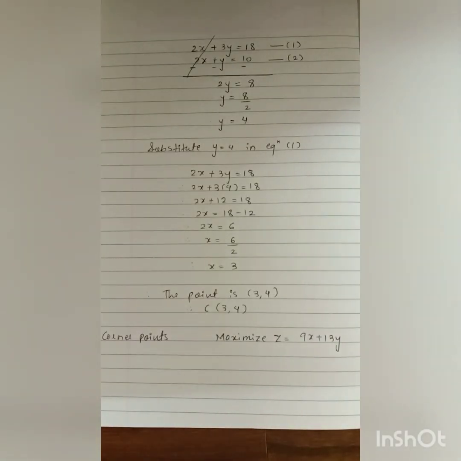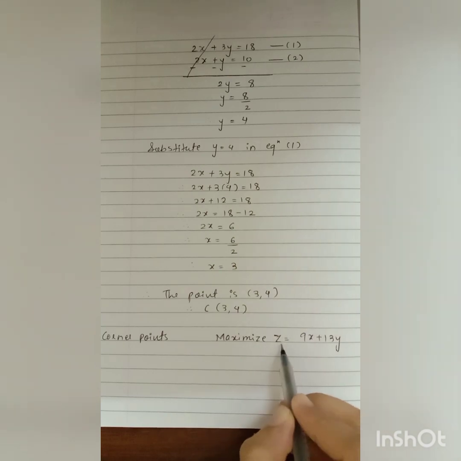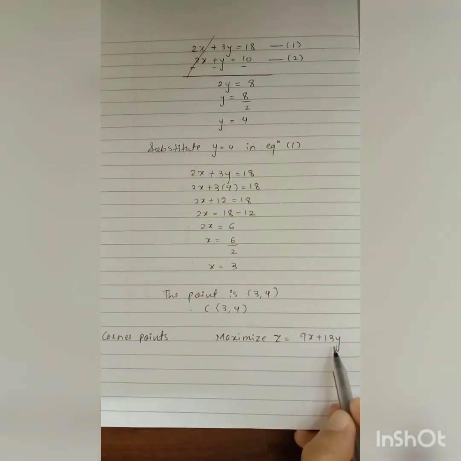Now we need to substitute these values in the objective function. Our objective function is maximize z equal to 9x plus 13y.